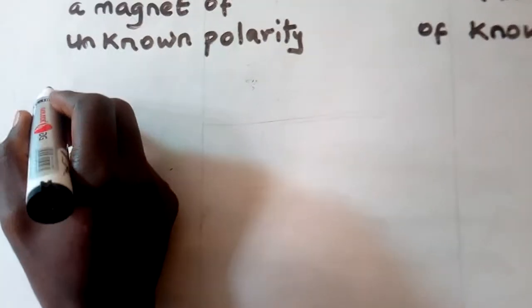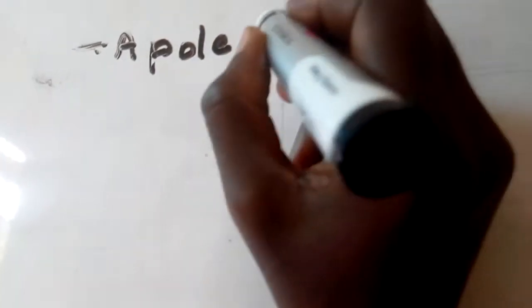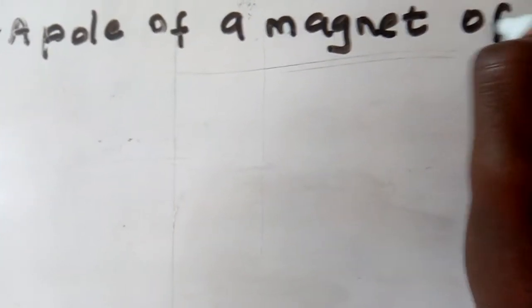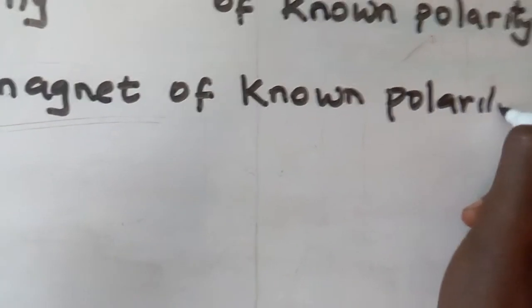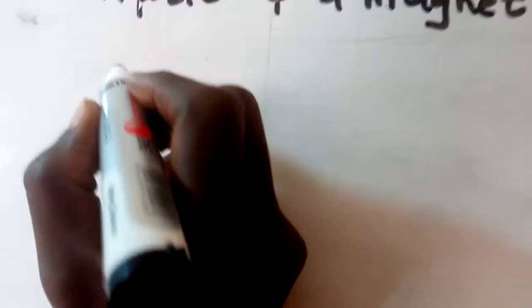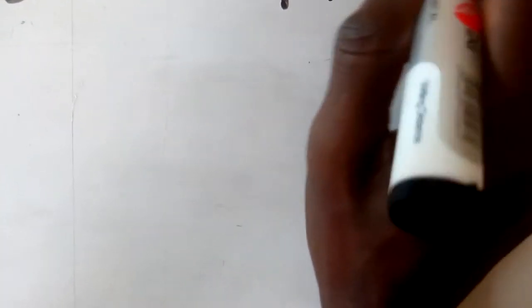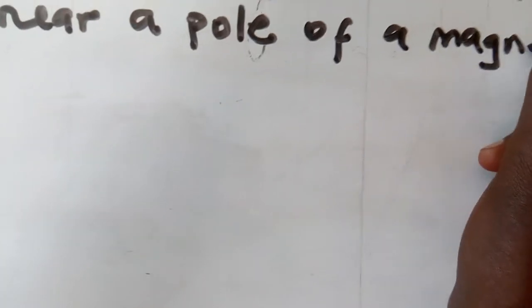Now let's put that in writing. So we shall say a pole of a magnet of known polarity is brought near a pole of a magnet of unknown polarity.